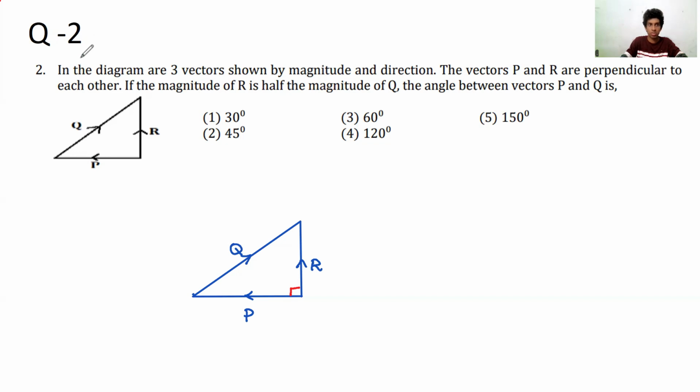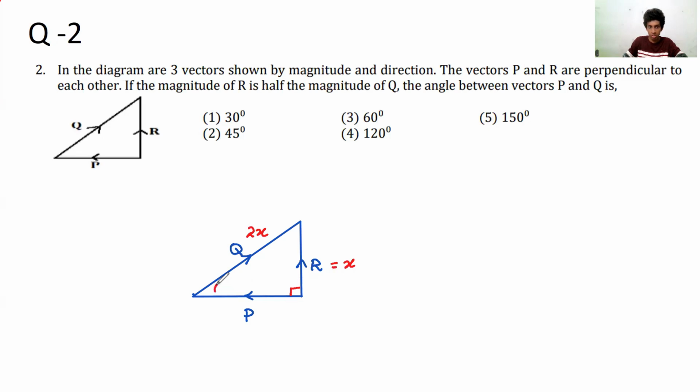Question number 2. In the diagram, three vectors are shown by magnitude and direction. The vectors P and R are perpendicular to each other. If the magnitude of R is half the magnitude of Q, what is the angle between vectors P and Q? So if Q is 2x, R will be half of Q, that means it will be x.